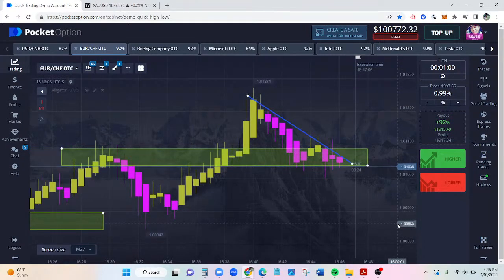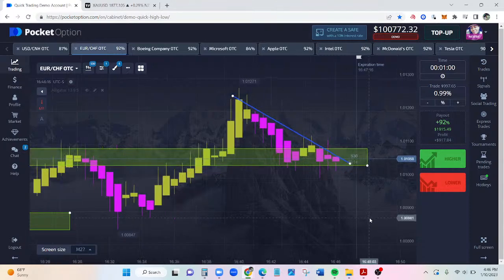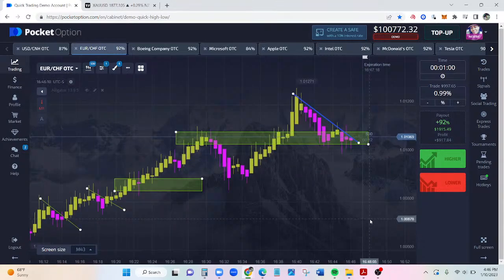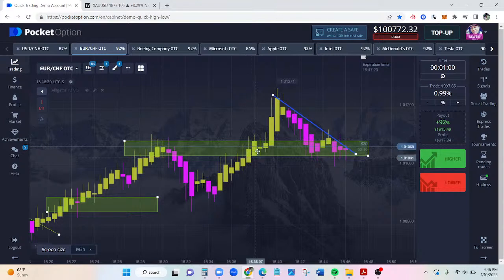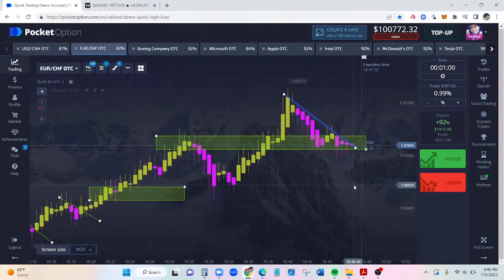The trap is trapping, y'all. The trap is trapping. But we're gonna wait. We're not gonna leave. We're gonna wait to see what it presents us. Right now, the master candle is still controlling the trap, and the trend line is still controlling this resistance.